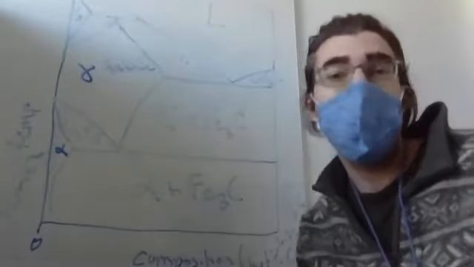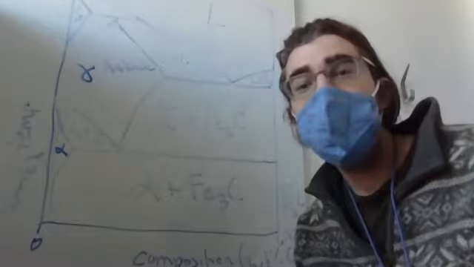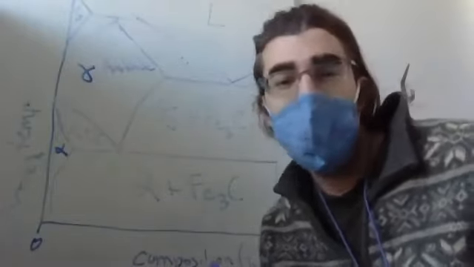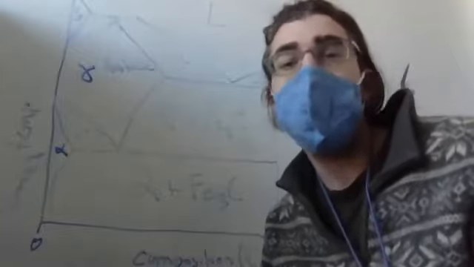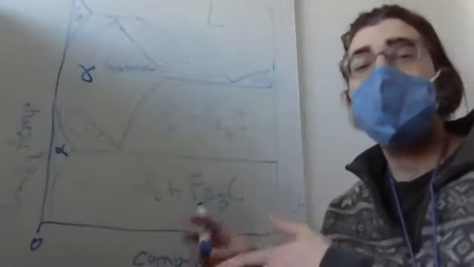So the idea is how do we do that? And the easiest way to do that is to control the cooling rate, right? So if you cool something very slowly, like 1 degree per minute, very, very slowly, you give every atom the chance to move to its desired energy state, right?